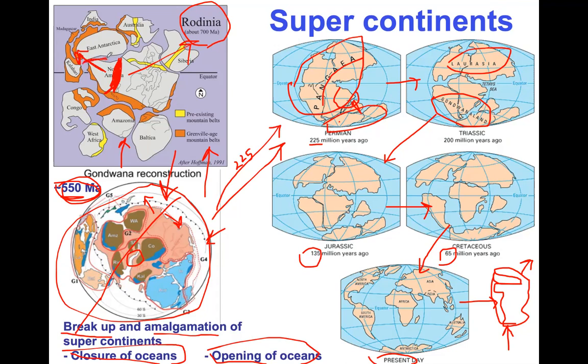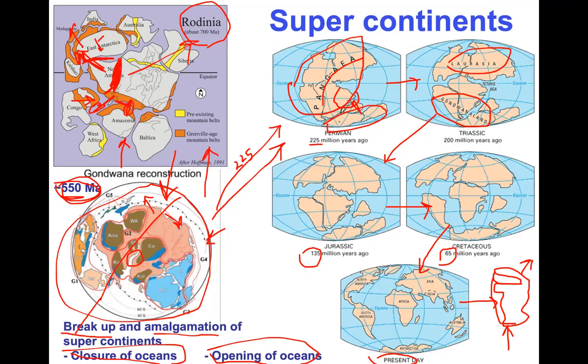When it moves towards the other continent, this ocean becomes narrower and narrower, and finally it gets closed as the continents attach.